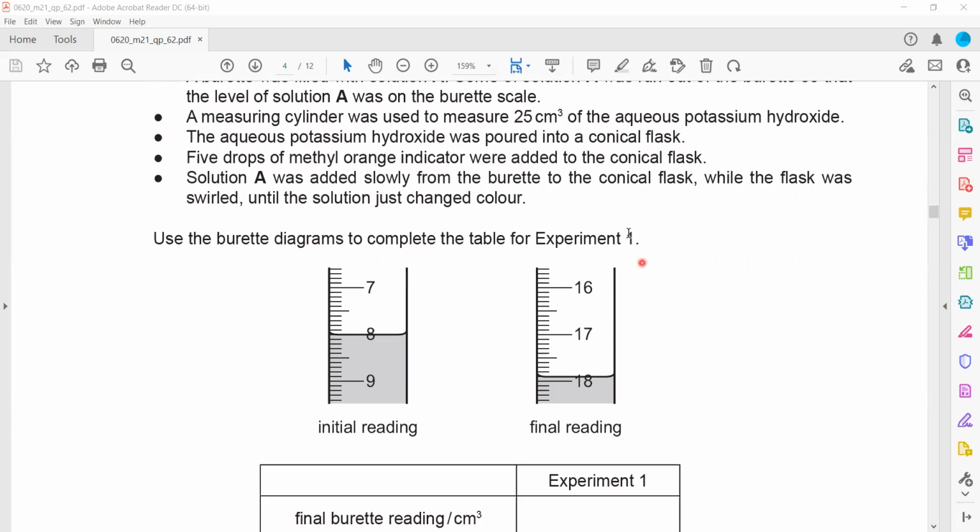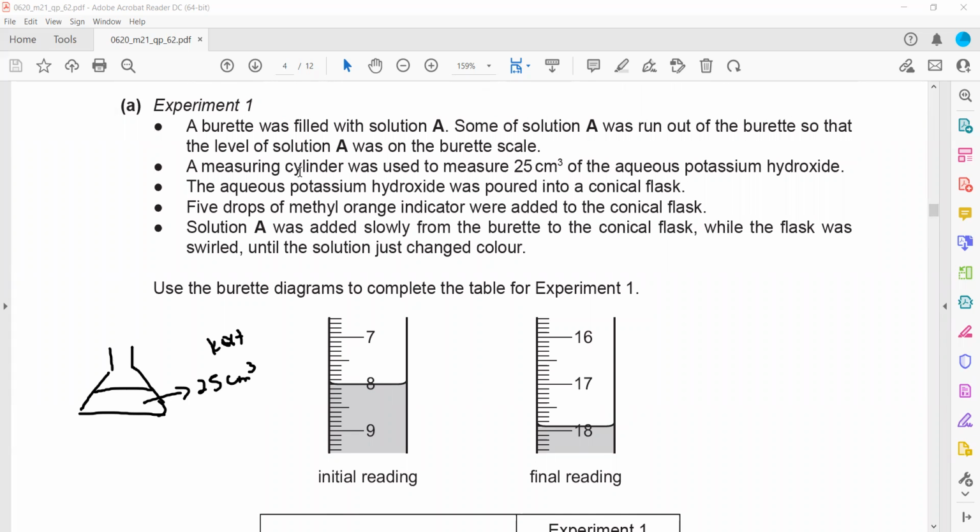So what we are doing in this experiment is a titration, identifying the concentration of an unknown solution by a known one. We take a conical flask, and using a measuring cylinder, we add 25 cm cube of potassium hydroxide, KOH. And then we add a methyl orange indicator here.